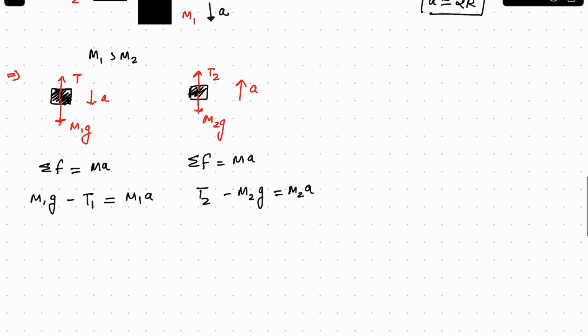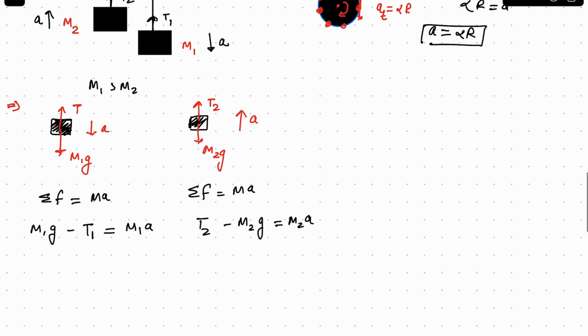Now let's come to why this tension is different. Let's draw the FBD of our pulley. From that we will get the answer to why the tension is different at both ends of the pulley. This is our pulley and on both sides we have the string connected. Does this pulley have a mass? Yes. Does it have inertia? Yes. Does it have angular acceleration? Yes. So if the pulley has an angular acceleration, there should be a torque, tau equals I alpha.